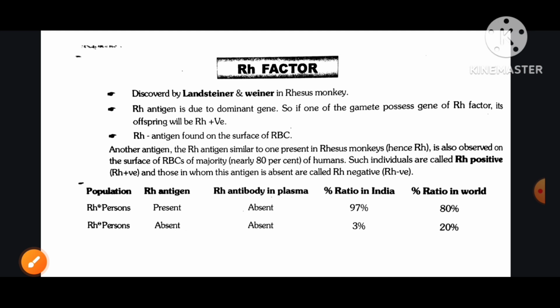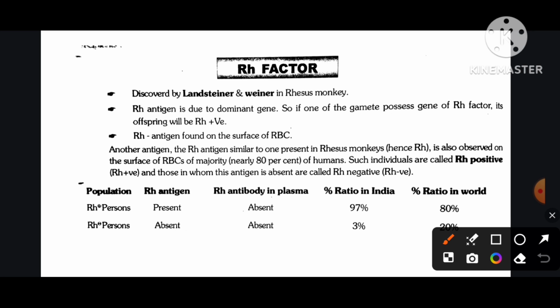Another antigen, the Rh antigen, similar to one present in the rhesus monkey, hence Rh is also observed on the surface of RBC of the majority, nearly 80% of humans. Such individuals are called Rh positive, and those in whom this antigen is absent are called Rh negative.